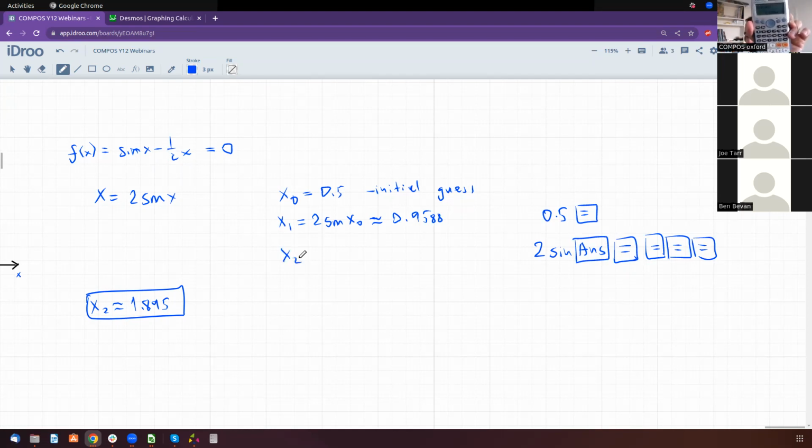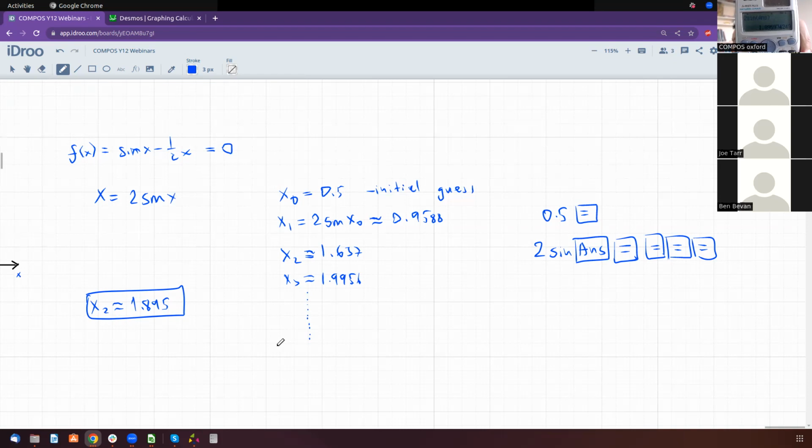Then to find x2, I just press equals again. It gives me 1.637. Then I get x3, which is 1.9956, and I keep pressing until the number on the calculator display stops changing.